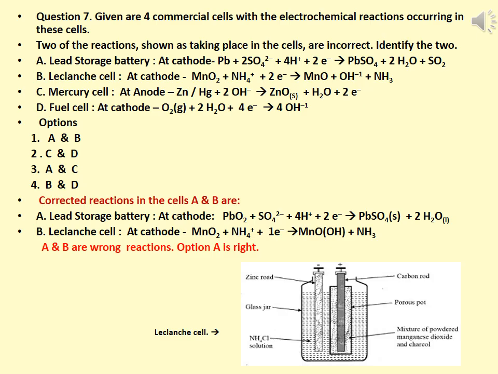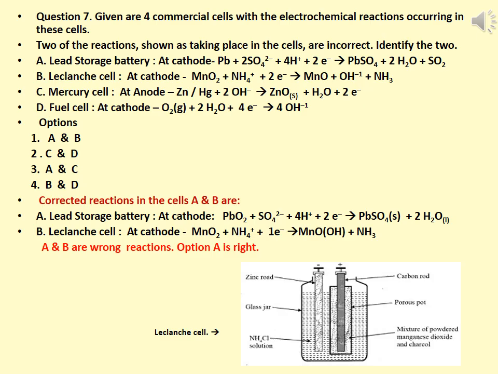At anode, oxidation is seen. D. Fuel cell. At cathode, O2 gas plus 2 H2O plus 4 electrons give 4 OH minus. Four options are given. We need to choose which of the two electrochemical reactions shown as occurring in the cells at either cathode or anode is wrong.